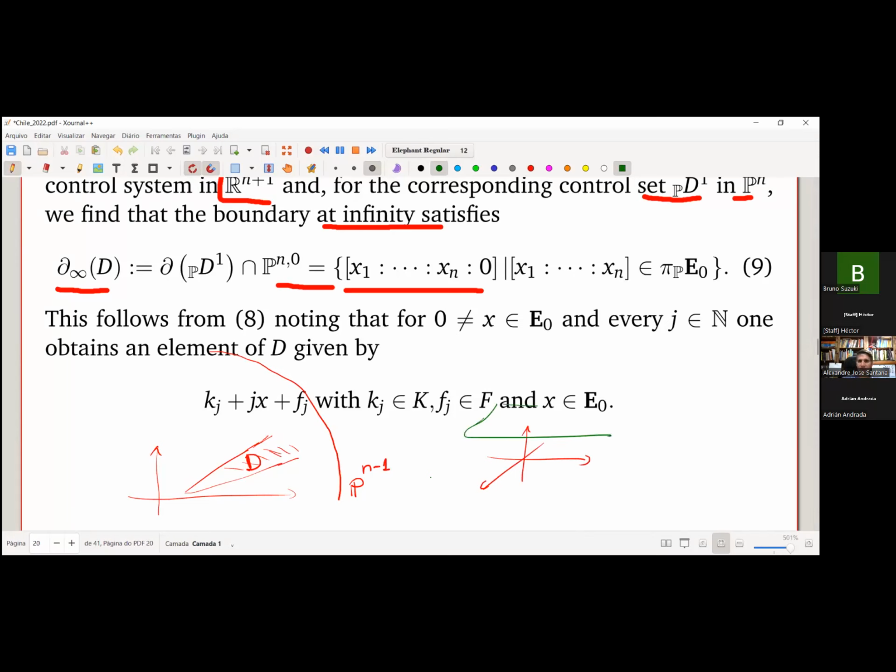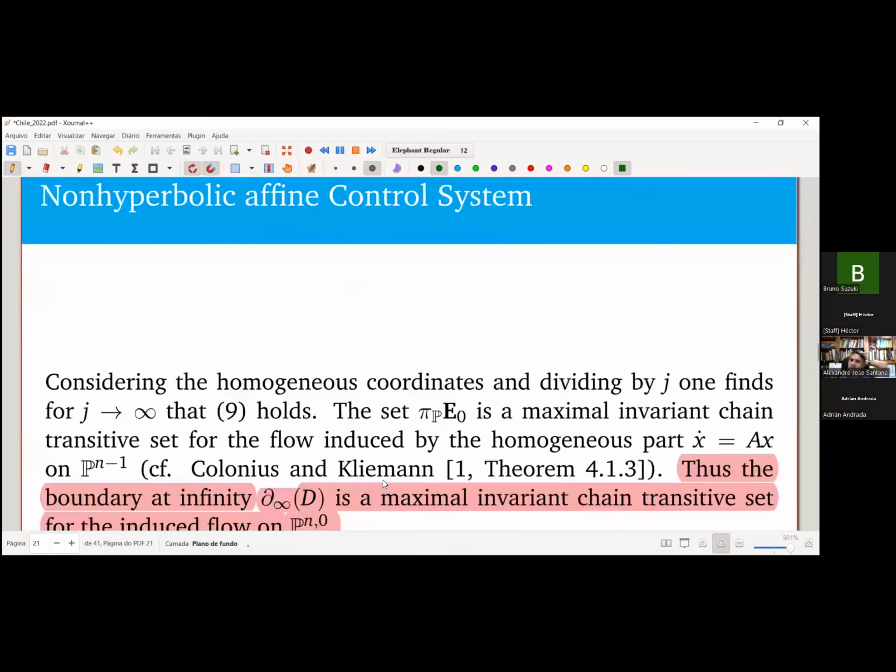We have the plane here, and we have that this behavior in the infinity will touch this plane here, because we can write the projective space as the union of P^n minus P^{n-1} with P^{n-1}. Then here we have P^{n-1}.